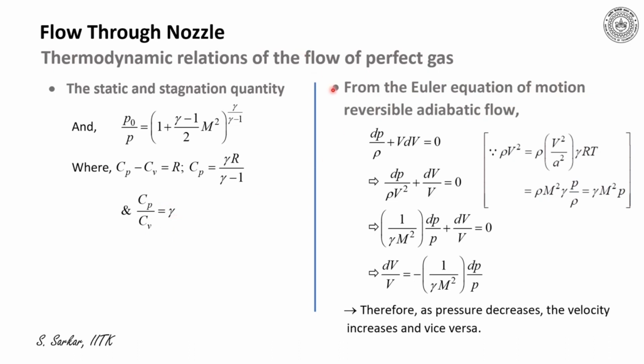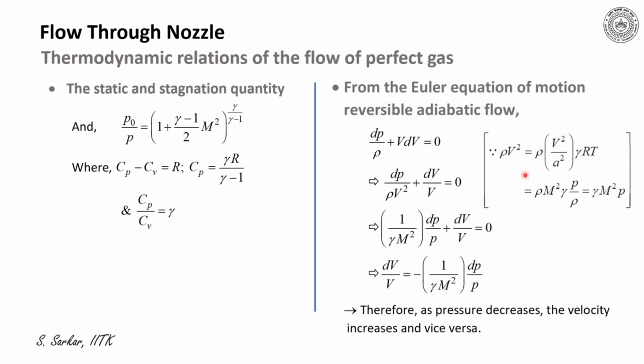Now from the Euler equation of motion, that is for reversible and adiabatic flow, I can write dP by rho plus V into dV is equal to 0. Now, this equation can be put in the form dP divided by rho V squared plus dV by V is equal to 0.